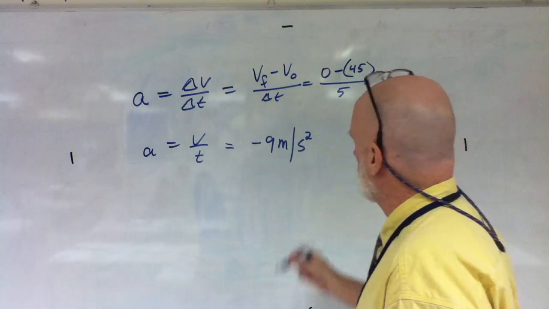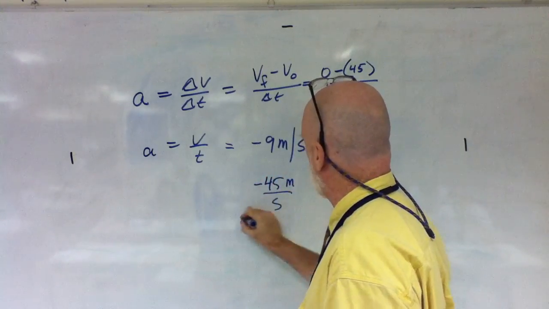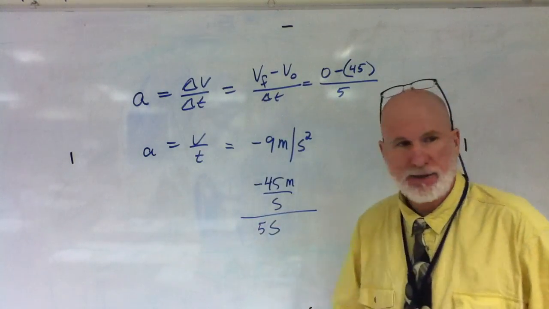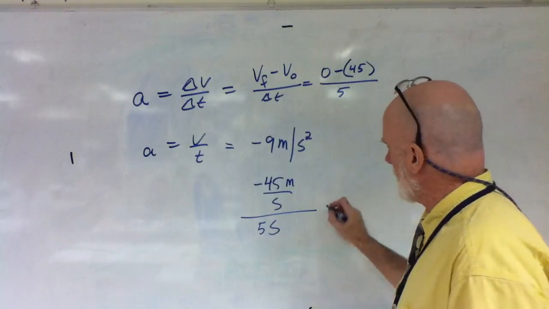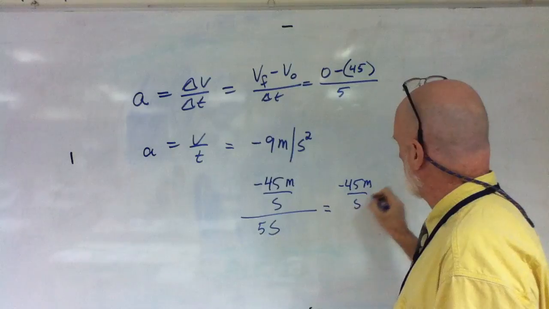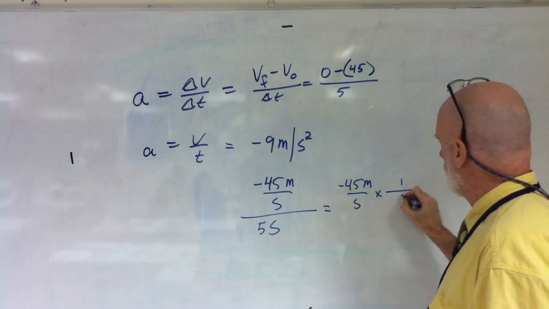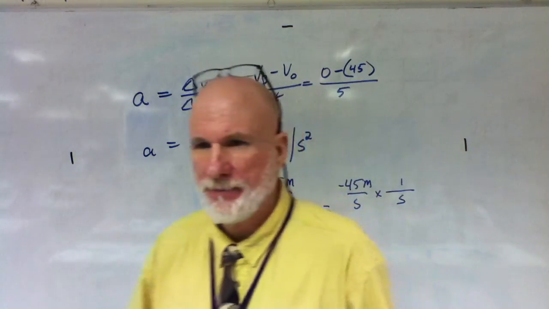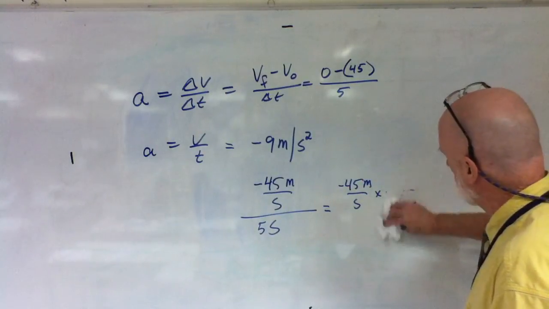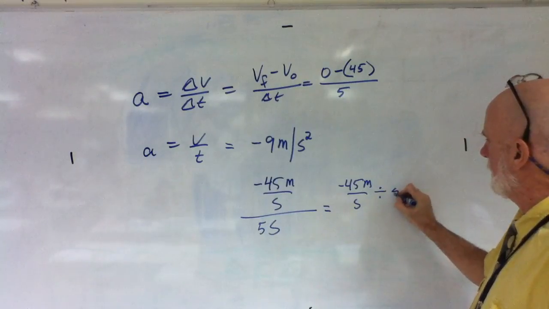Now, this is negative 45 meters per second divided by 5 seconds, right? So that's going to be the same as negative 45 meters per second times 1 over a second. Isn't this the same thing as saying divided by 5 seconds?